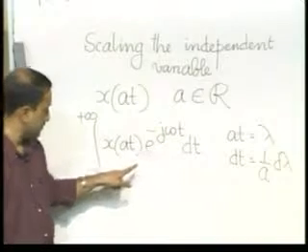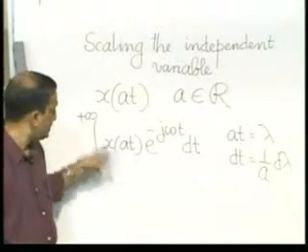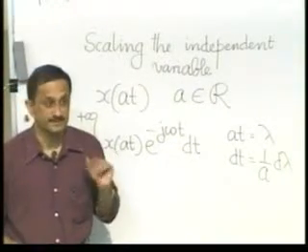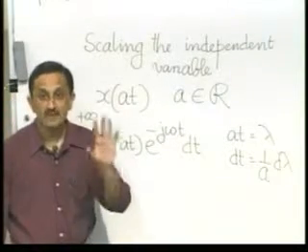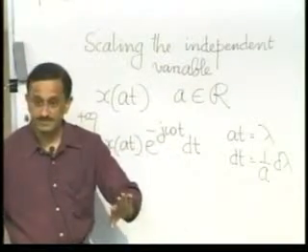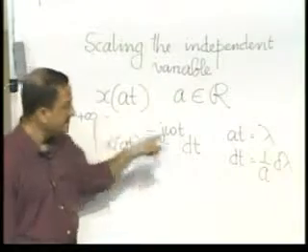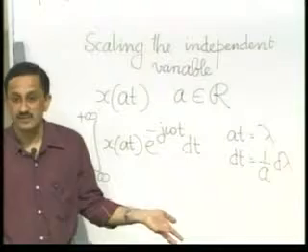Now, we also need to make a replacement of the limits accordingly. Let us pay attention to the limits here. We will take two different cases, a positive and a negative. Suppose a is positive. When t runs from minus infinity to plus infinity, then at, which is lambda, also runs from minus infinity to plus infinity, so there is no problem.